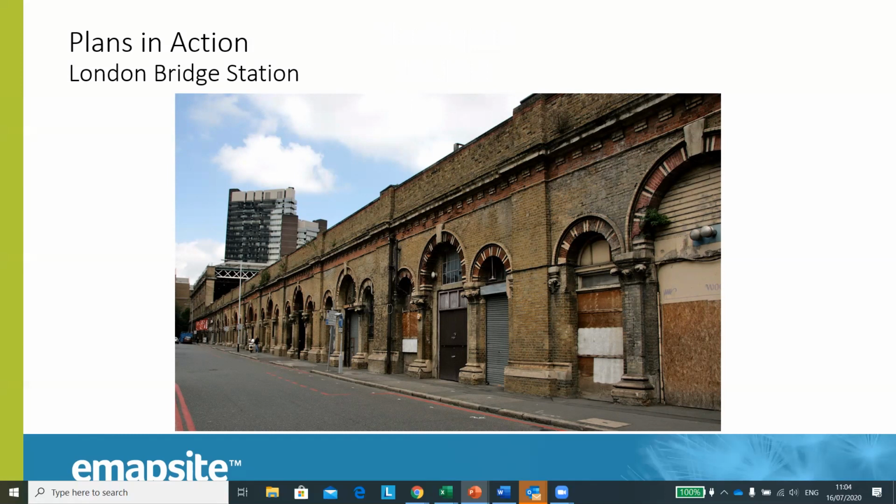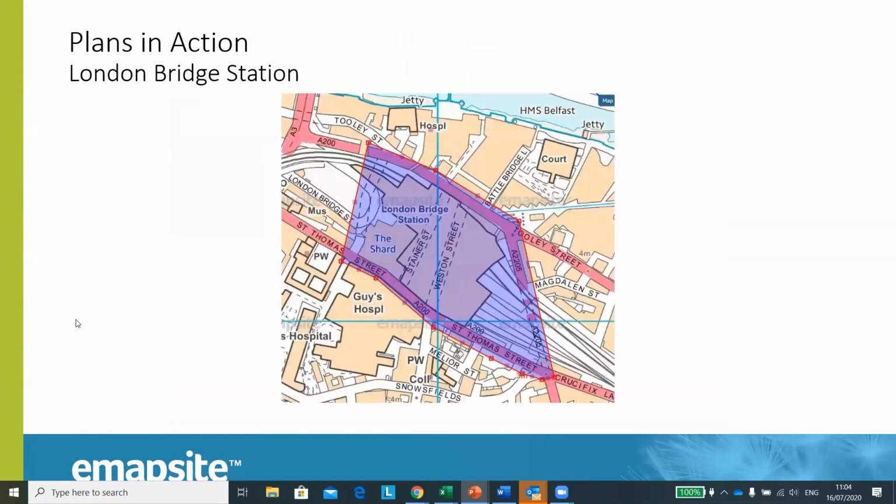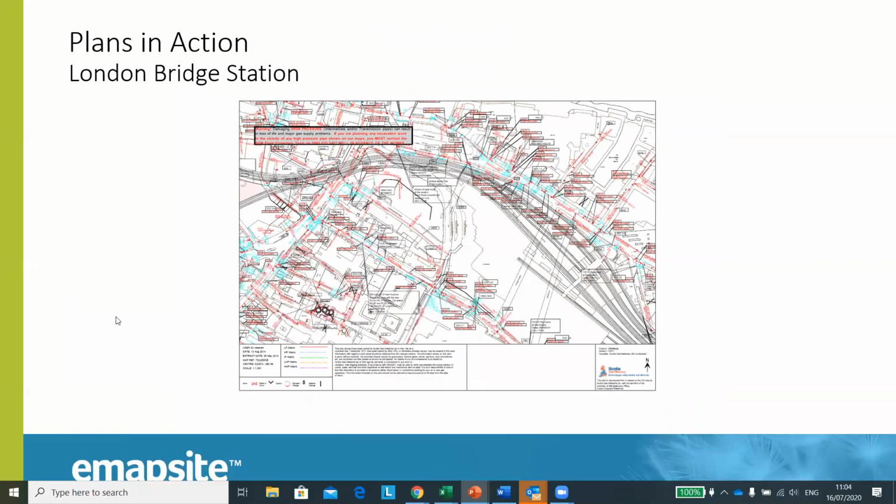And so just to take you through the process of how this happened, first off, we just need a simple site plan. That gives us the area where search is required and sets our boundaries for our inquiries. It's very simple, it's enough for us to work from. And from that, we're able to contact all of the relevant utilities in the area, such as the gas supplier SGN, as shown here.